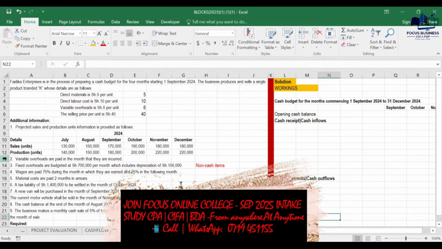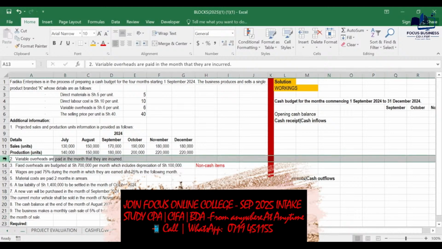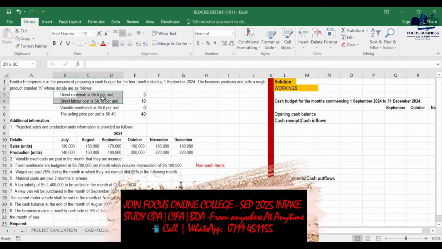I think we can start with note 2: variable overheads are paid in the month in which they are incurred. The variable costs are these 3 costs: the direct material, the direct labor, and the variable overhead. So I'll copy all this and bring it here.